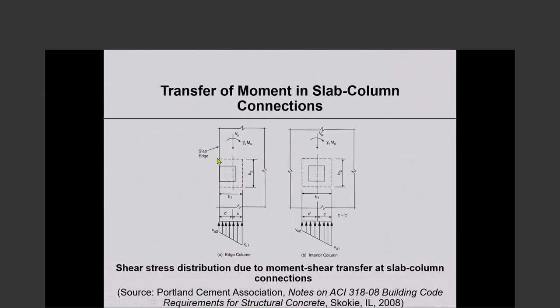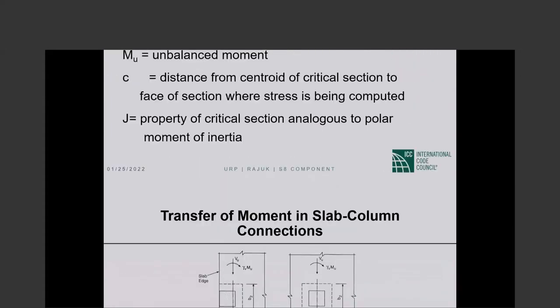If it is a three-sided critical section, it is the total area of the three faces. If it is a four-faced critical section, A sub C is the total area of the four faces of the critical section. Okay, so that is the direct shear part, V sub U divided by A sub C.